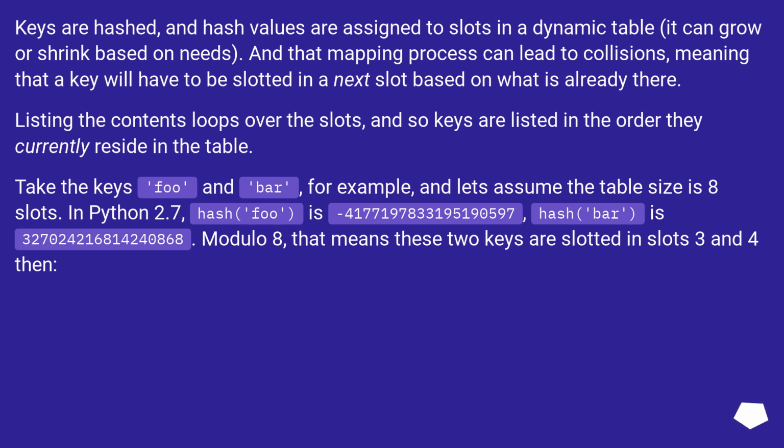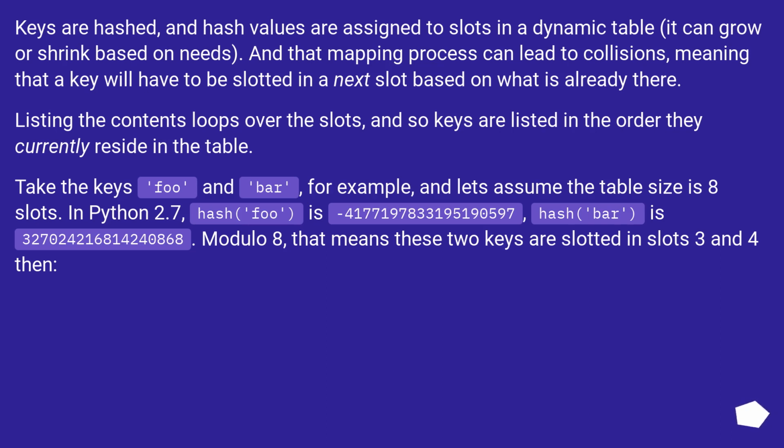In Python 2.7, hash foo is -4,177,197,833,195,190,597. Hash bar is 327,024,216,814,240,868.